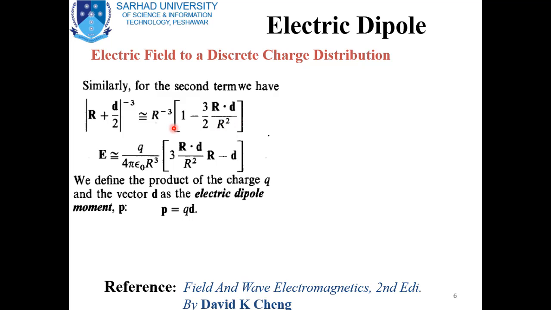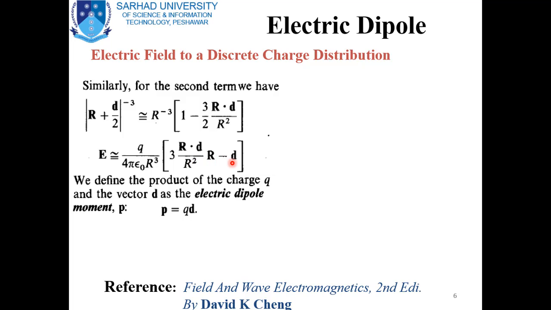Now we insert the values of r plus d by 2 to the power minus 3 along with r minus d by 2 to the power minus 3 in our main expression, and after some calculation our result for the electric field intensity due to a dipole is q divided by 4 pi epsilon naught r cubed, times 3 r dot d divided by r squared times r, minus d.